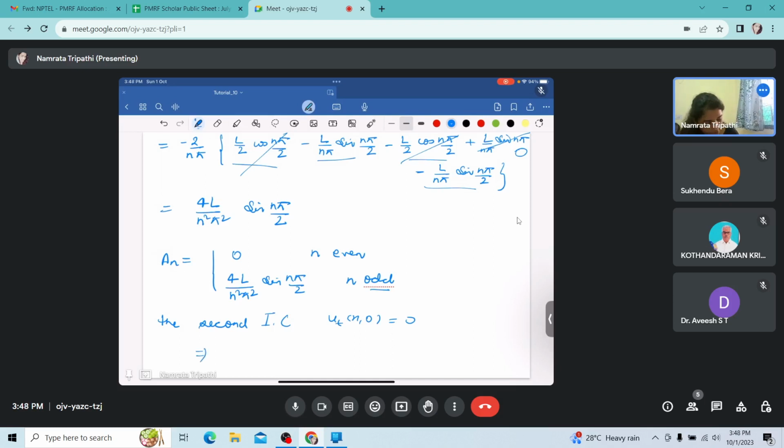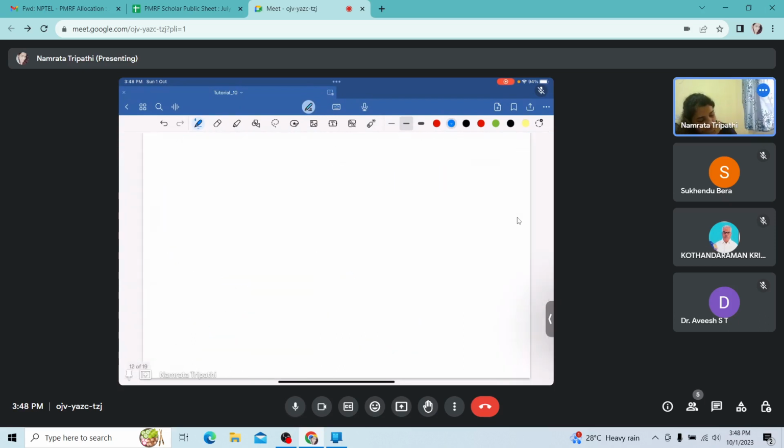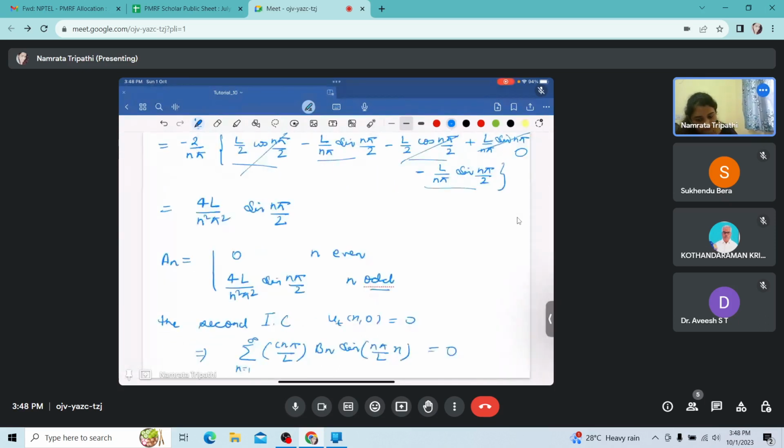Then you will get bn sine n pi upon L into x is equal to 0. From here the value of bn is 0. This implies bn is 0 for all n equal to 1, 2 and so on.